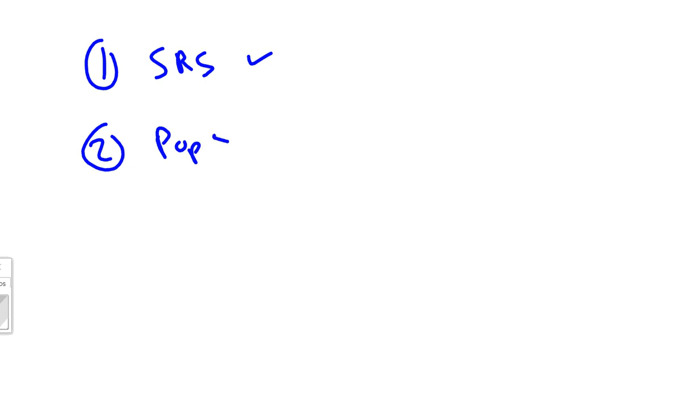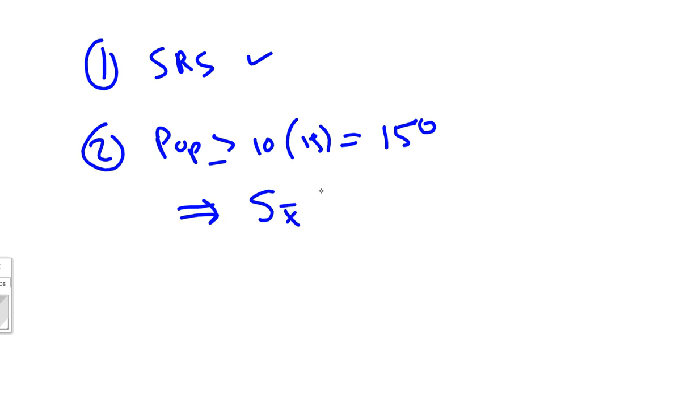So let's do that. Assumption number 1, as always, SRS. We're going to have to assume that. Number 2, the population of all police officers will be greater than 10 times our sample size, which is 15 in this case. That's going to be 150. What that tells us is that usually we can use the standard deviation of x bar formula. There's only one problem.